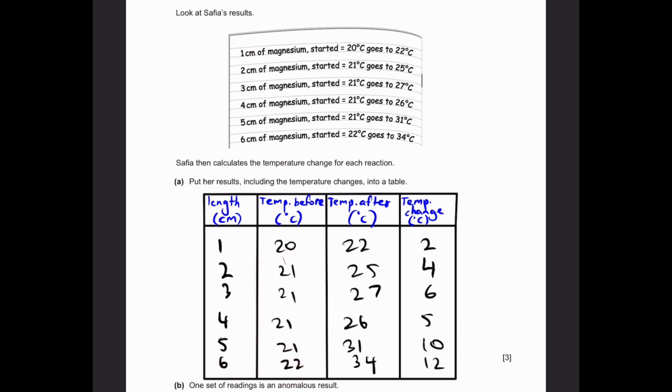Temperature after the reaction, we can write these values in the same order. Temperature change, we just do temperature after minus temperature before. 22 minus 20 is 2, 25 minus 21 is 4, 27 minus 21 is 6, and so on. 26 minus 21, 5, 31 minus 21, 10, 34 minus 22, 12.